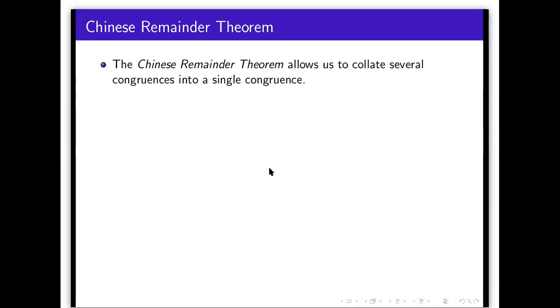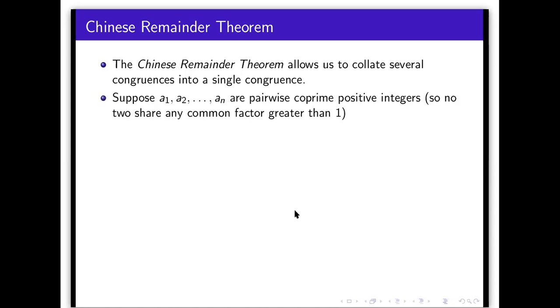The Chinese remainder theorem is a theorem that lets us collate several congruences into a single congruence. What this means is that suppose we have several pairwise relatively prime positive integers. Pairwise relatively prime means that no two of them share any common factor greater than 1.